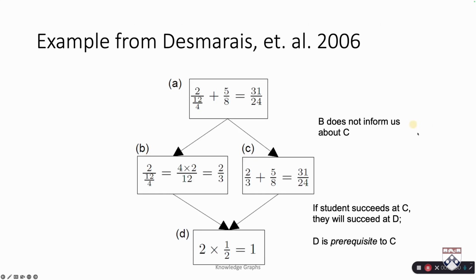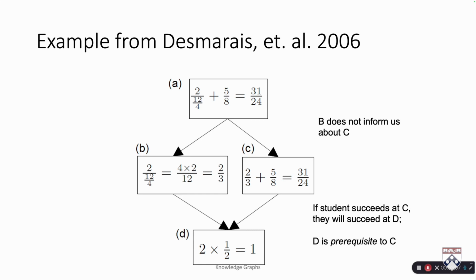This example is from Desmarais et al. 2006. There are 4 items here, items A through D. Item A basically requires a number of skills.